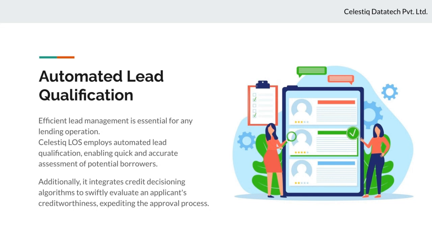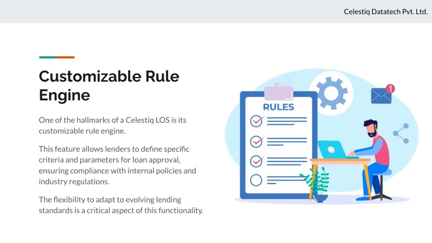So, if someone sends through a profile which has a CIBIL score of less than 600, the system can automatically disqualify the lead. So there are multiple parameters for lead qualification, but yes, automatic lead qualification is supported.